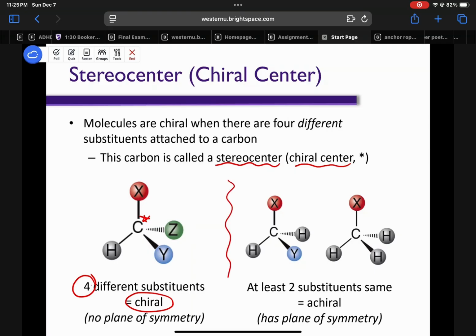In contrast, as we saw on the previous slide with our chart, if a carbon that's sp3 hybridized only has 1 or 2 or 3 unique groups, meaning 1 or 2 of them are repeated, then it is achiral. It has an internal plane of symmetry, and we don't have to worry about whether it is a stereocenter.